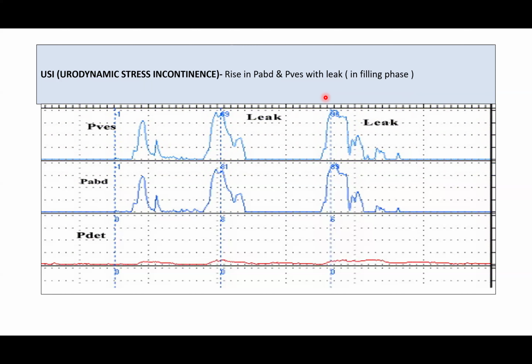What happens in bladder pain syndrome? That patient will tell you that whenever my bladder is full of urine, I have the pain. When I go and pee, the pain is relieved. What happens is that there is a protective lining inside the bladder, and at some places it is not there.